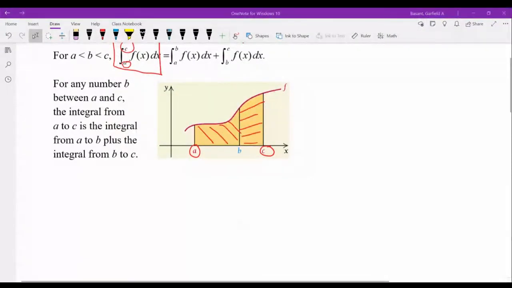Now, why would I want you to do that? That's a question, right? We're going to look at the first question in 4.4.